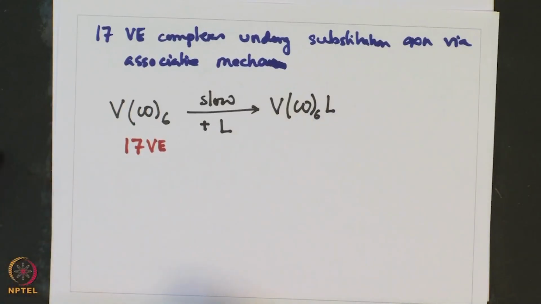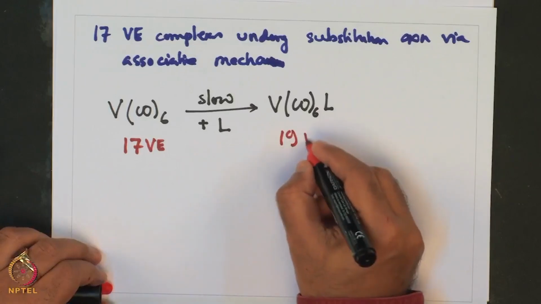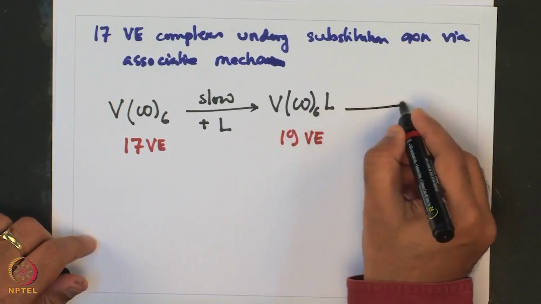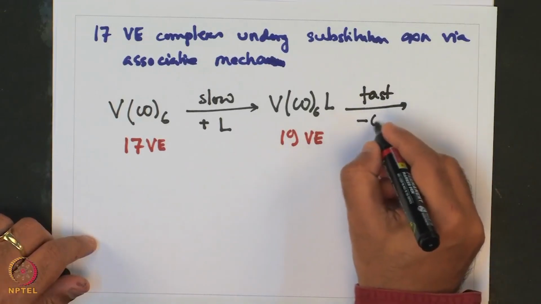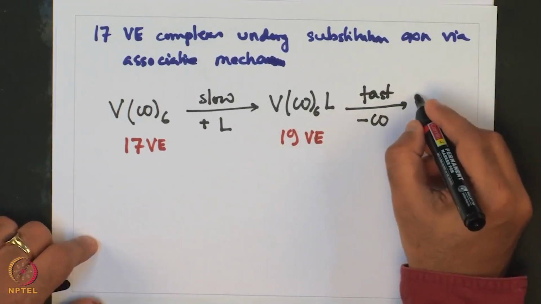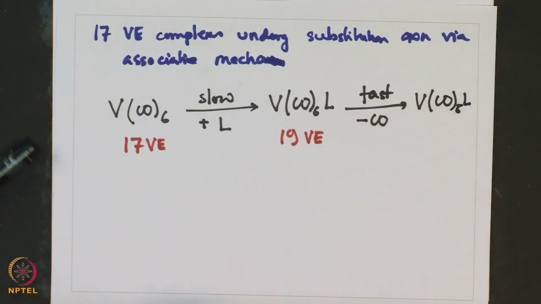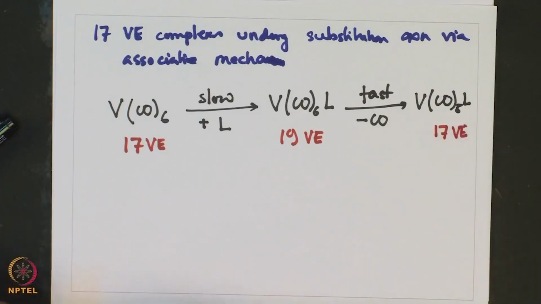Now, it has become a 19 valence electron species, which is highly unstable. As a result, it rapidly eliminates carbon monoxide to give VCO5L, which again is a 17 valence electron species.